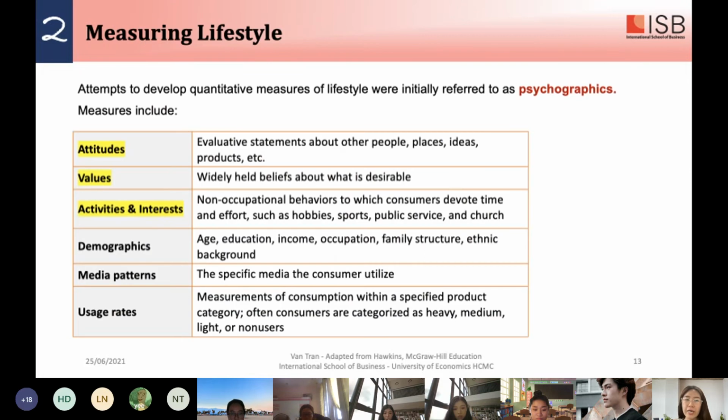So in terms of measuring lifestyle, researchers, even the academic researchers and the practical ones that work for Nielsen, for example, usually use psychographics. Those are the measures including attitude, values, activities, interest, demographics, media patterns, and usage rates of a certain product, in order to be able to segment different people into different lifestyles.